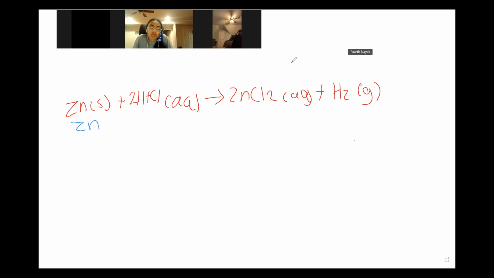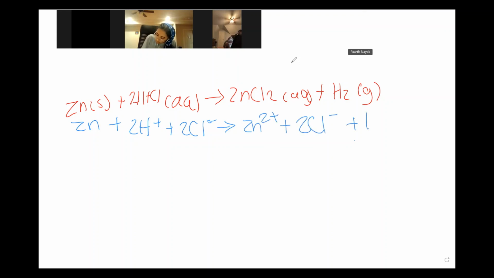So it's Zn plus 2H plus 2Cl minus gives Zn2 plus 2Cl minus plus H2. Let's figure out what my spectator ions are. I can see that I have 2Cl on both sides. I'm going to get rid of them immediately, and I have my net ionic equation.